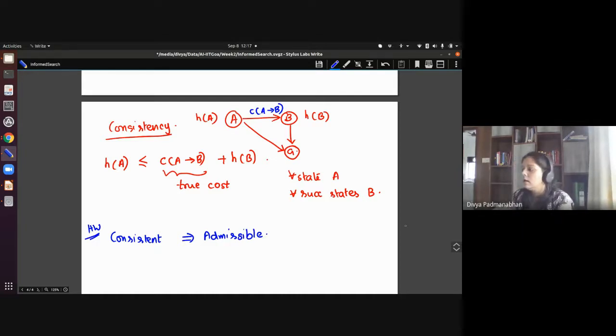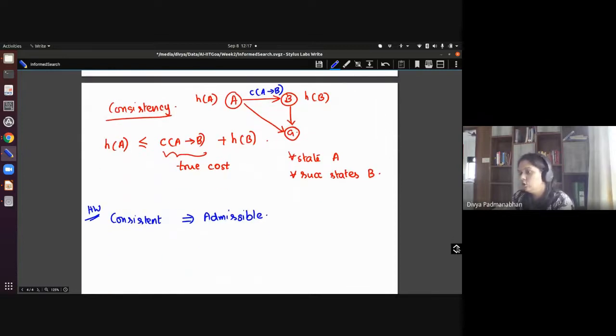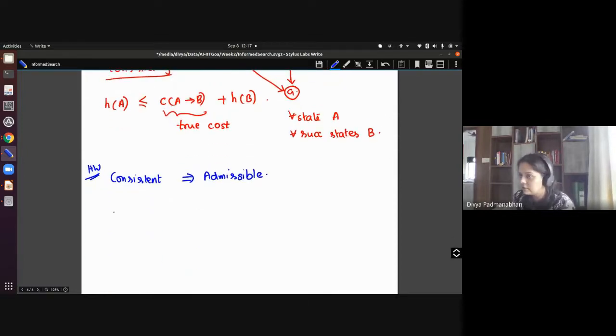Now the result for A star is that if the heuristic is consistent, then A star is going to be optimal.